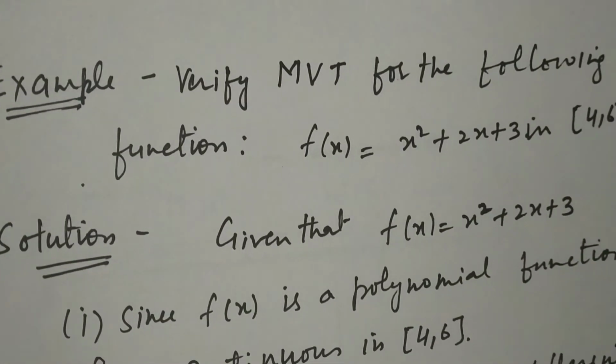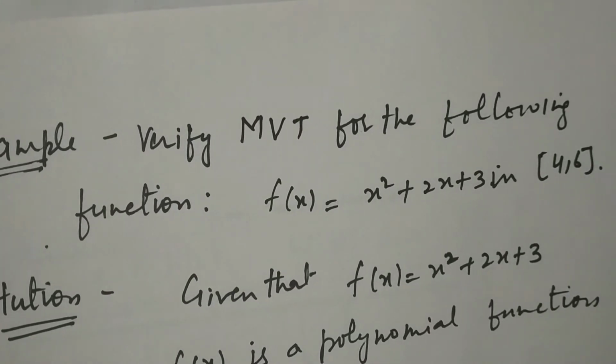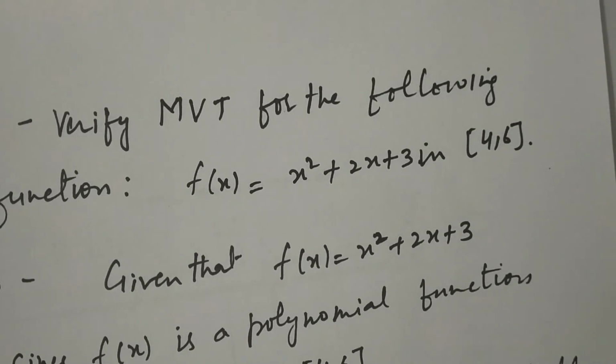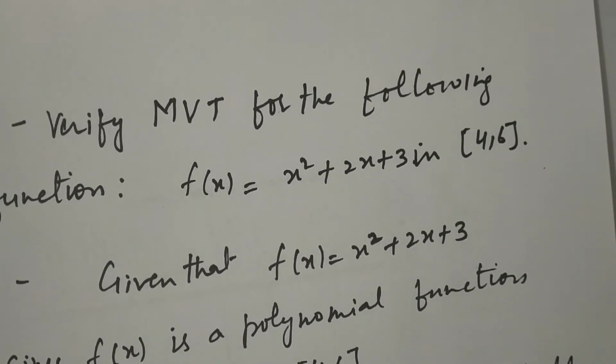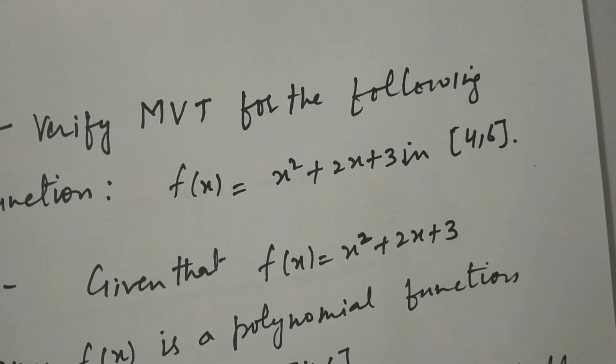Let us check an example, and this example says verify the mean value theorem for the following function. My given function is x square plus 2x plus 3 and the closed interval is [4, 6]. Now how to solve this question?